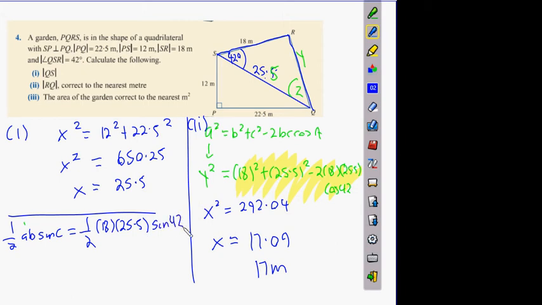And what about the other triangle I'm now going to draw in red? What angle is here? 90. So we can do a half, which 2 numbers? 12 and 22.5, and we can do this as sine 90.